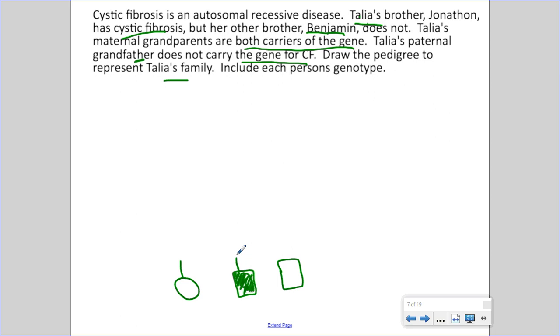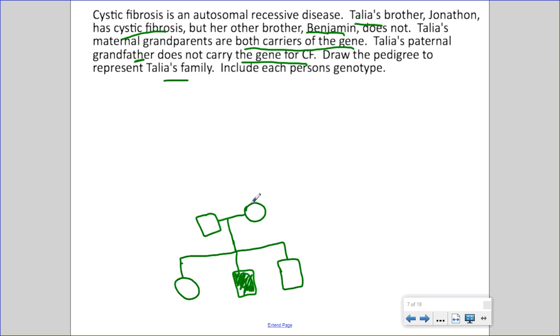So we will draw some vertical lines to indicate that they are the result of their parents having mated. We'll draw a square to represent the dad, a circle to represent the mom, and then we're given information about her maternal grandparents and her paternal grandparents.